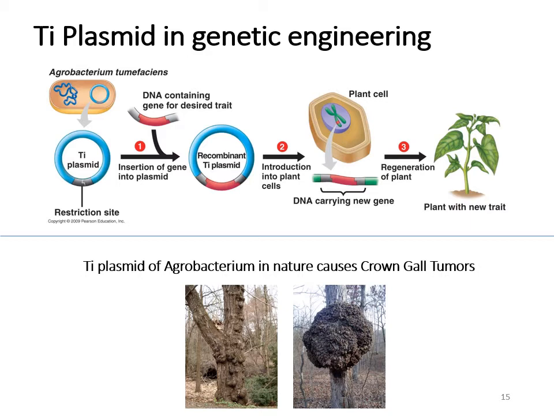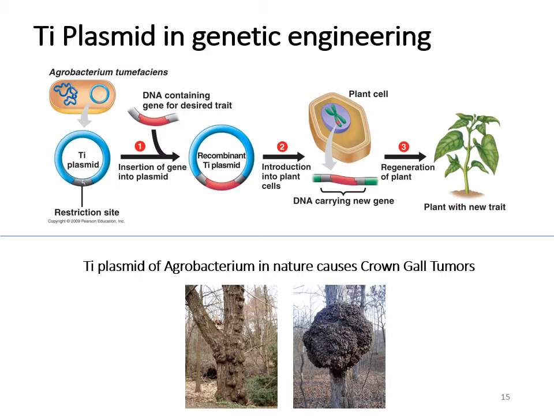What kind of traits? Well, maybe it's a gene to produce bigger fruit. Maybe it's a gene to produce more fruit, more vegetables, okay, more product. Maybe it's a gene to grow taller, grow bigger. Any of these things, or to resist pests, such as bugs that might try and attack those plants.